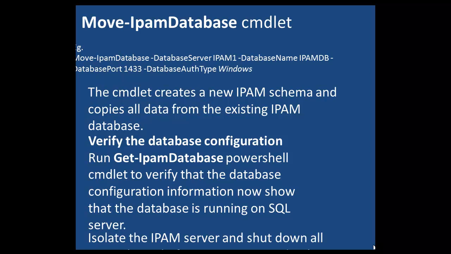To move or migrate that database, we're going to be using the Move-IpamDatabase cmdlet. An example would be Move-IpamDatabase -DatabaseServer IPAM1 -DatabaseName IPAM-DB -DatabasePort 1433 -DatabaseAuthType Windows. That cmdlet will create a new IPAM schema and will copy all the data from your existing IPAM database.